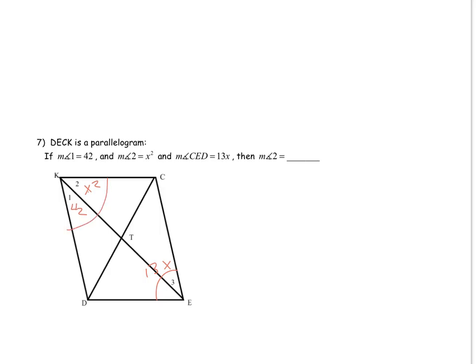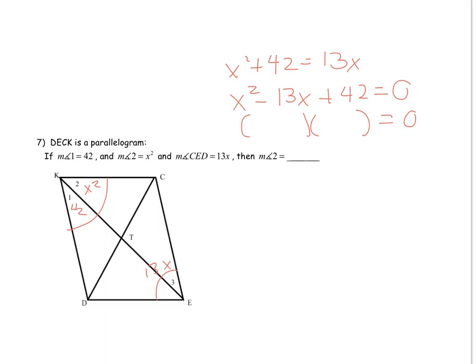So the equation I'm going to set up is x squared plus 42 equals 13x. Since I have a squared term, I'm going to have to set it equal to 0. X squared minus 13x plus 42 equals 0. When I factor, which I can, I believe I get -7 and -6, which gives me two answers, x equals 7 or x equals 6.